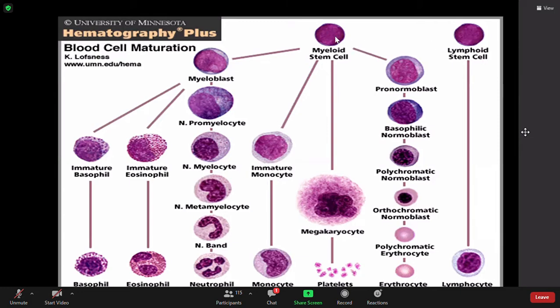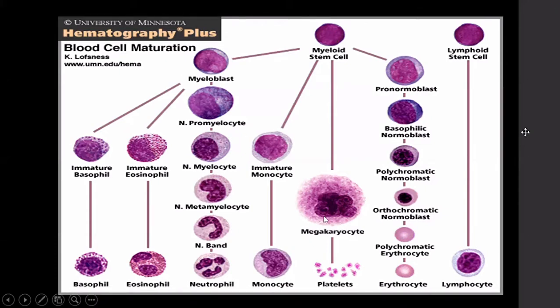Your myeloid stem cell can produce your platelets, your monocytes, your neutrophils, eo, and baso, as well as your erythrocytes, with the help of your erythropoietin. Tapos si lymphoid stem cells, separate lang siya para maging lymphocyte.